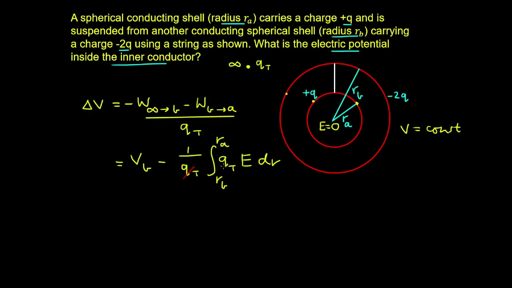So therefore the test charge cancels, and we can write this as the electric potential at B minus, and the electric field is due to the charge inside the conductor. So that will be Q on 4 pi by the permittivity of free space by 1 on R squared. So we took the constants outside the integral.